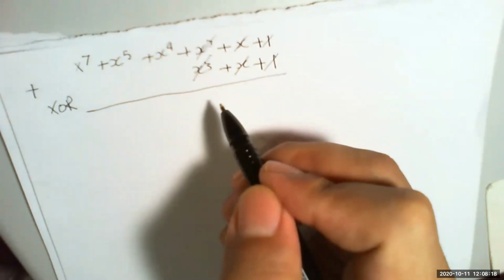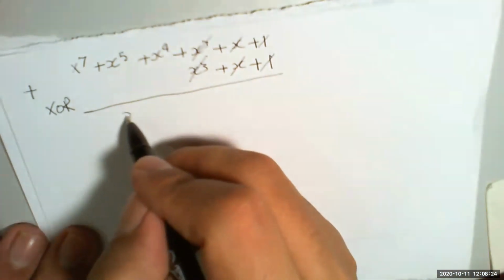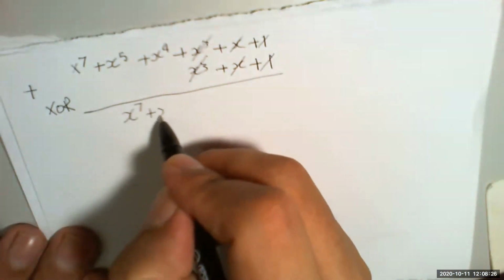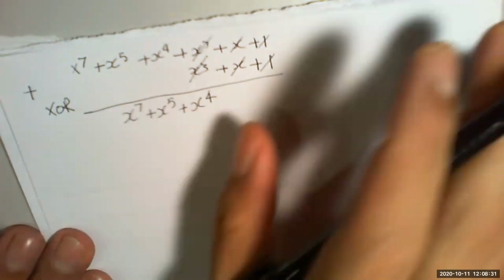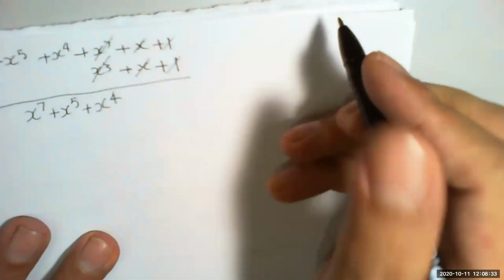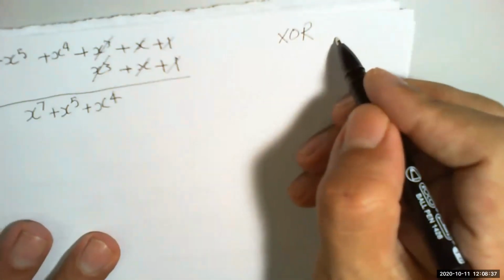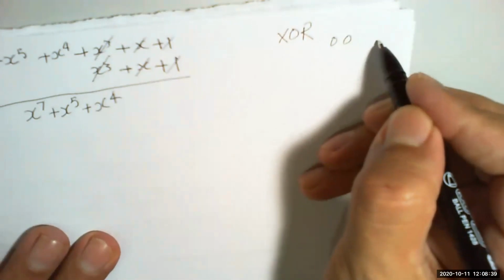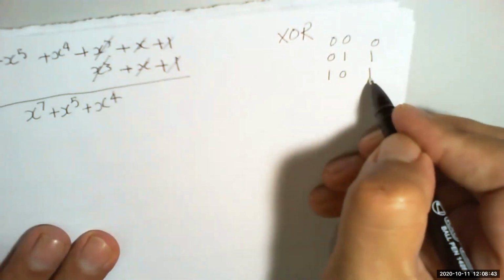So the result is x to the power 7 plus x to the power 5 plus x to the power 4. Okay, let me remind you of the XOR again. XOR is important because we need it in our addition. XOR: 0, 0 equals 0; 0, 1 equals 1; 1, 0 equals 1; 1, 1 equals 0.